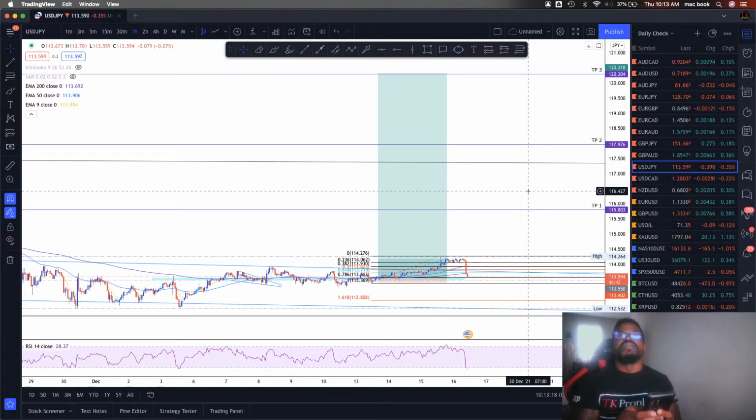So again, if price manages to stay above this level, this will be a nice setup. TP2 117.976, TP3 120.304.